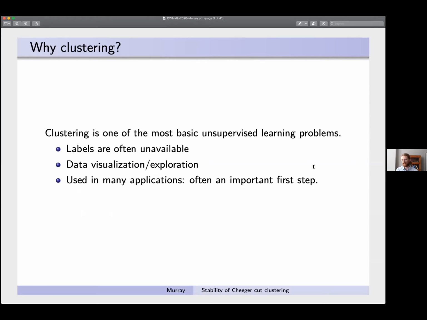In some sense, we're trying to understand the geometry that's underlying the data, and I'll say more about that later. And it's oftentimes a first important step in some machine learning application, okay? So I'm not using neural networks to do some type of classification or fitting problem. We're really looking at a very basic first problem in clustering here.